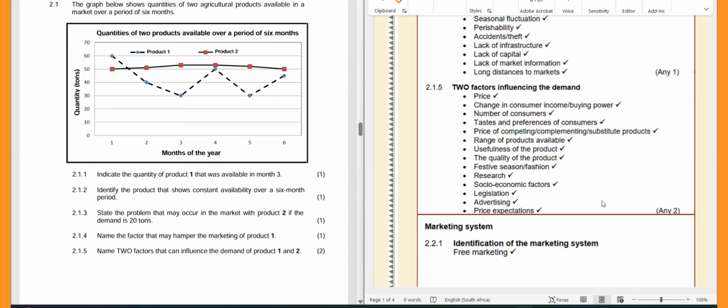Or we can talk about fashion. That's when there is a new clothing brand. Maybe there are new shoes called shiny shoes, right? Because those shoes are now popular, you will see the demand being high at first, in month one, maybe because they are trending on TikTok or other social media platforms.